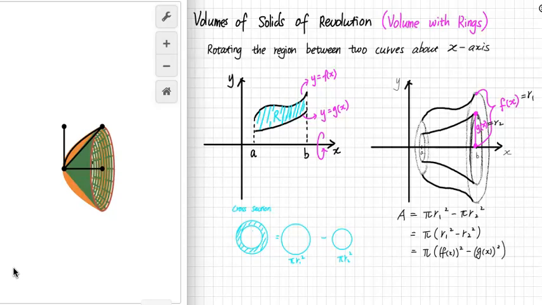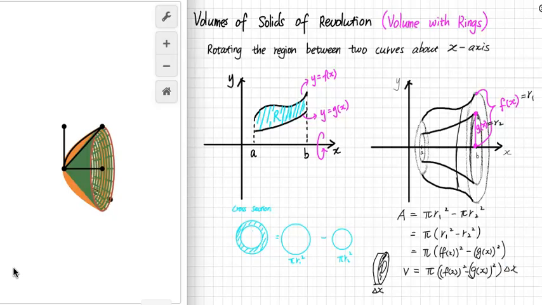That is my cross-section area. And each disk has a depth. The depth is actually the change in x. So for each disk, the volume is pi times f of x, that whole thing squared, minus g of x, the whole thing squared, times delta x.